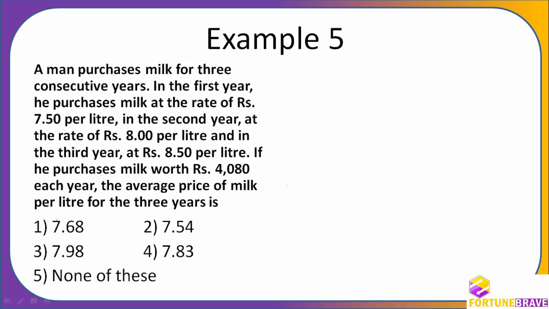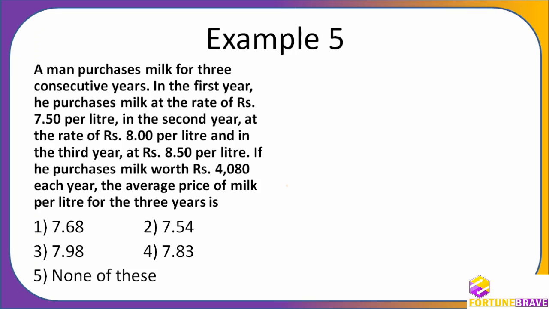One more question is there. This is a very excellent question, so we will solve this question before we finish the session today. A man purchases milk for 3 consecutive years. In the first year, he purchases milk at the rate of rupees 7.50 per liter.